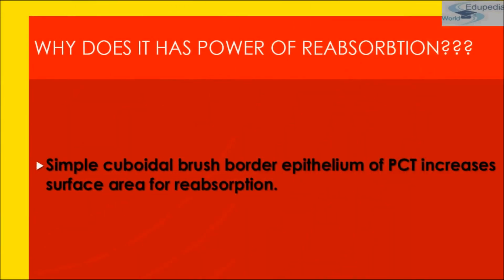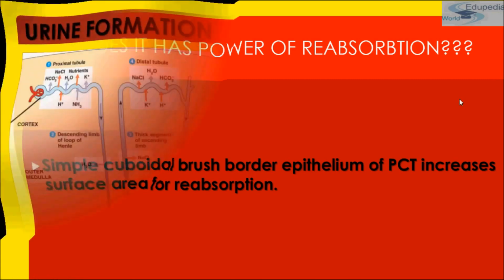Now, why does it have the power of reabsorption, students? That's because PCT has simple cuboidal brush border epithelium that increases the surface area for reabsorption.